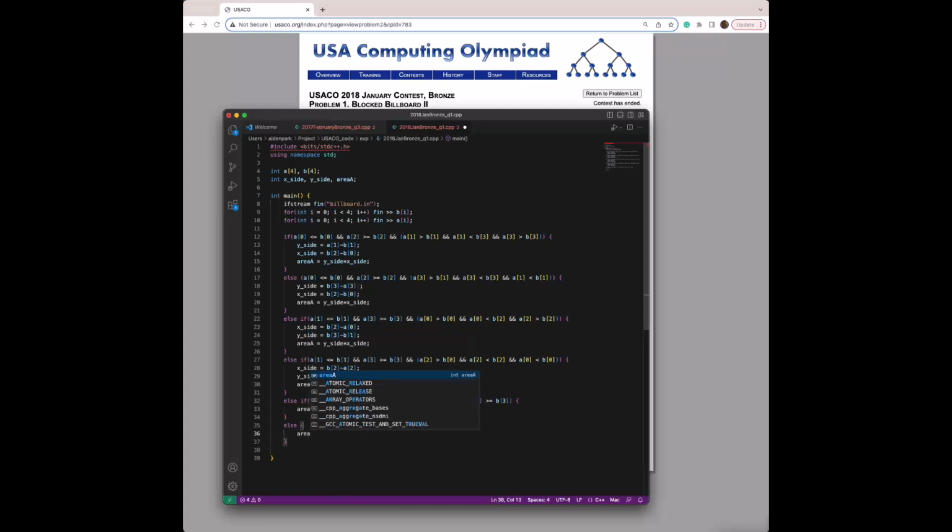So in that case, it would just be the sides multiplied to each other of the bad billboard. And yeah, we can just print out the answer.